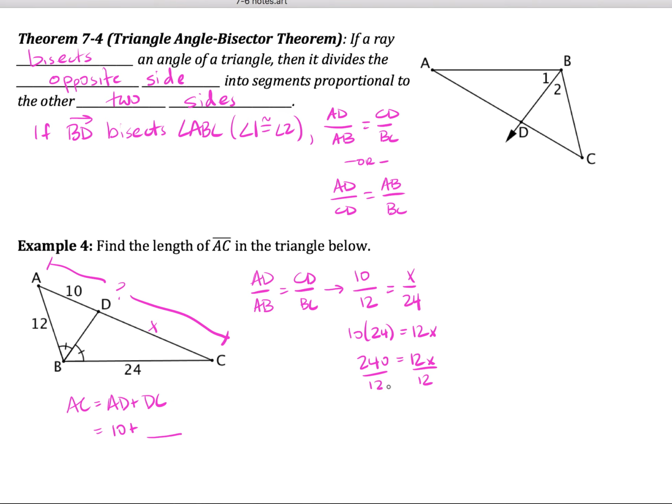Divide both of these sides by 12, and we get that x equals 20. So that is the length of DC. So we would know that the length of AC is equal to 10 plus 20, which is 30. And so that's an application of the triangle Angle-Bisector theorem.